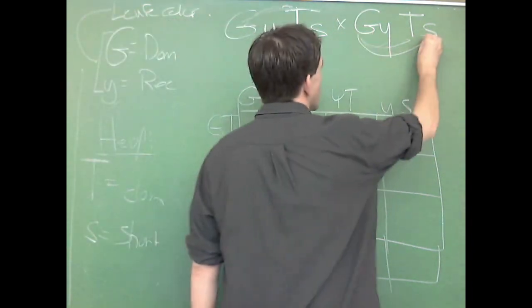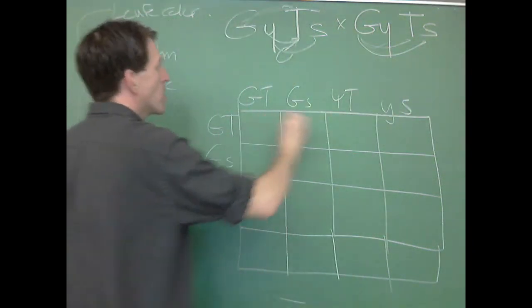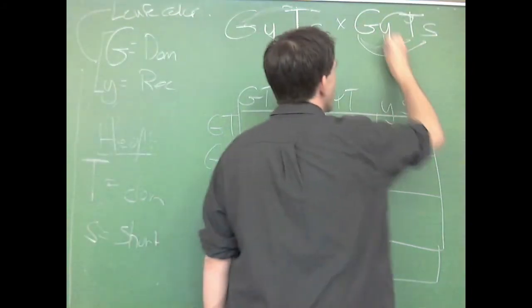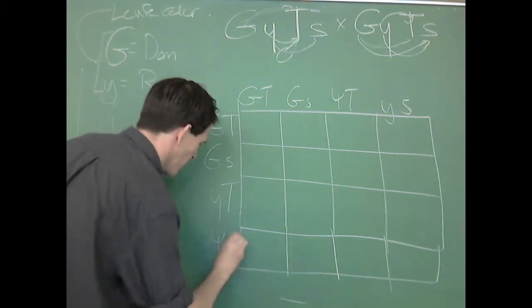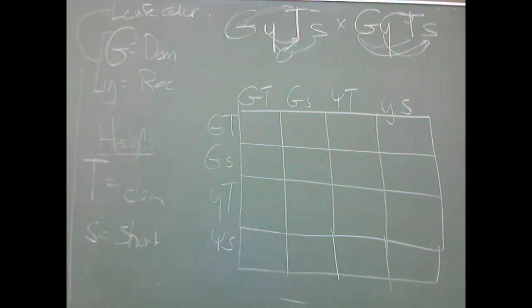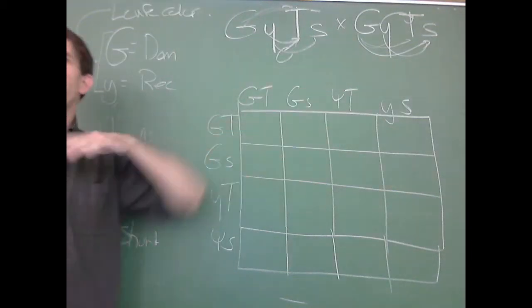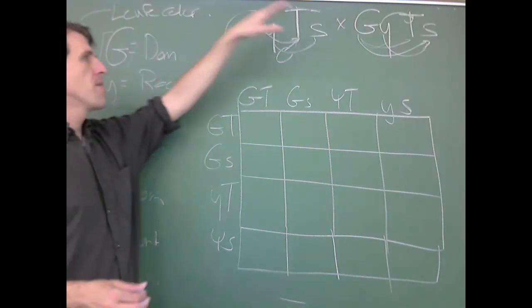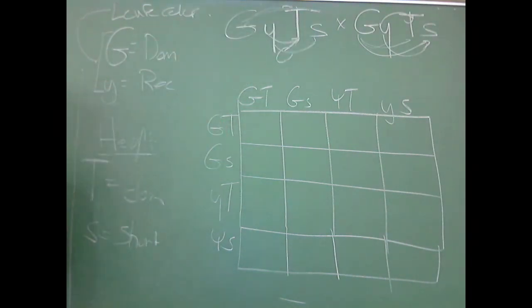Green and short. Yellow and tall, and yellow and short. And again, all we're doing is FOIL. But that FOIL represents what's happening during metaphase, where those chromosomes can go on either side and segregate to any other side. So the point is we're really looking at what's happening with the cell, but to keep track of all that stuff, just use FOIL.